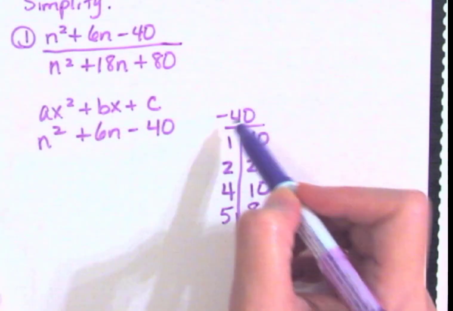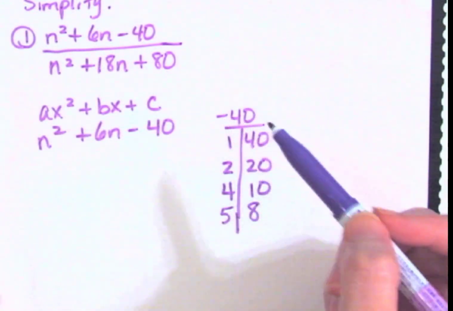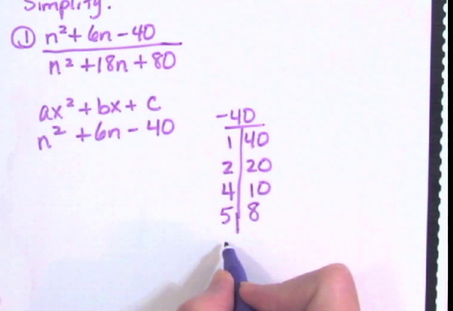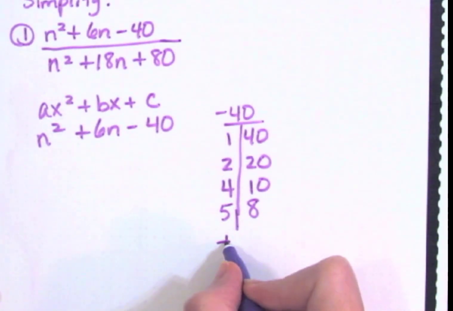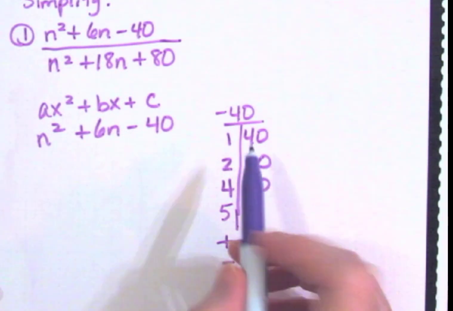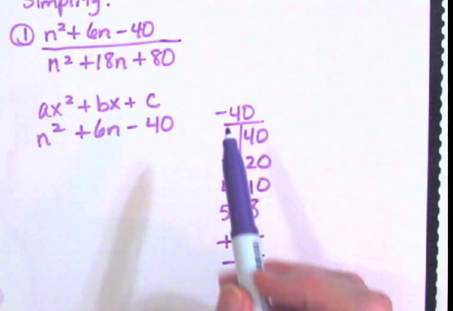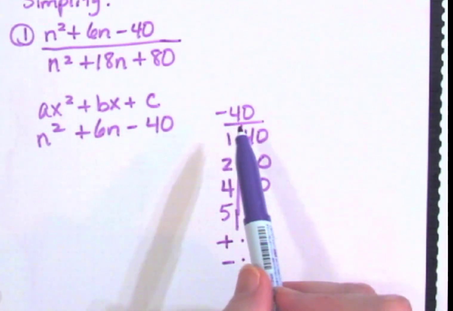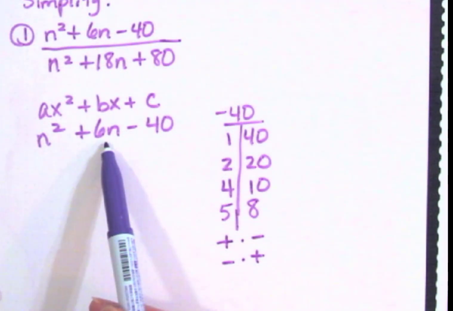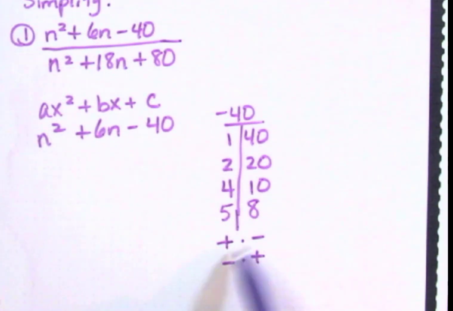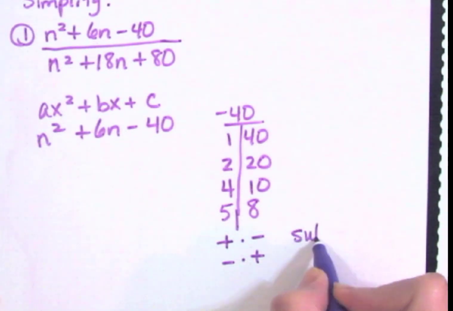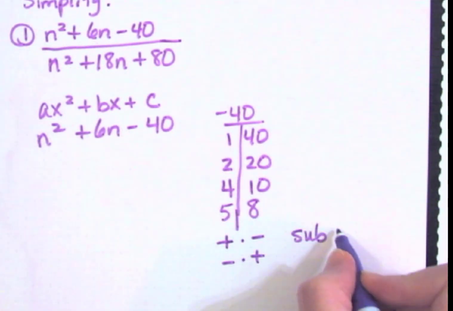And so since this is negative, then I need something that's going to multiply to give me a negative, so they need to have different signs. So I need a positive times a negative or a negative times a positive to give me that negative 40. But at the same time, I need for the factors to add up to be 6. Or in this case, since I have different signs, we really want them to subtract to give us that middle term.